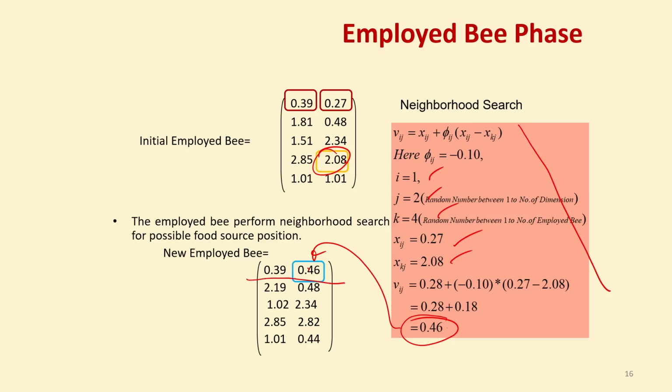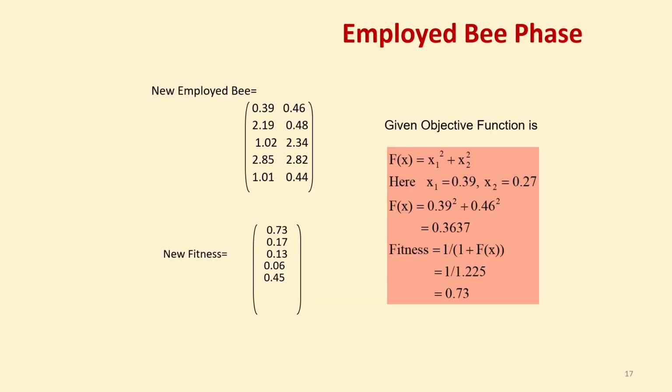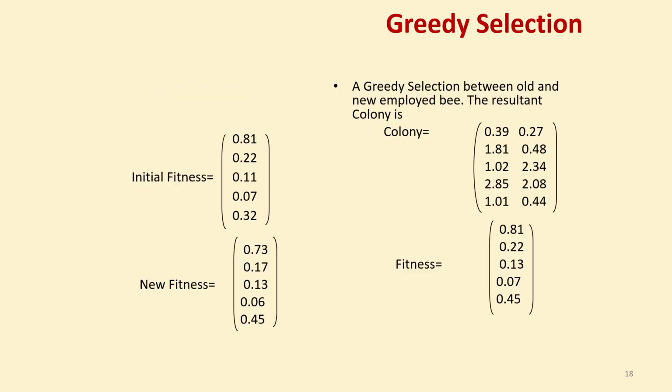Now if we apply this by means of greedy selection, the fitness value is again improved. See, the initial fitness value is 0.81 and the colony is 0.39 0.27, and the updated new fitness value is now the overall fitness value taken.